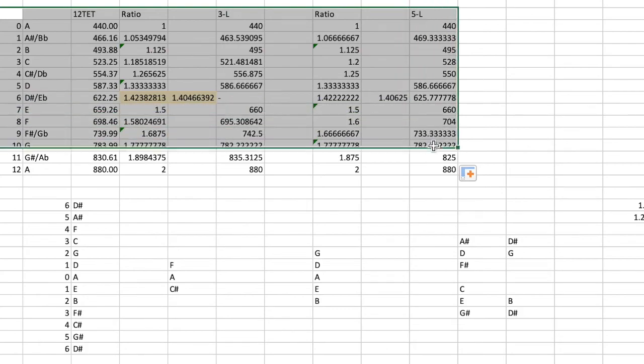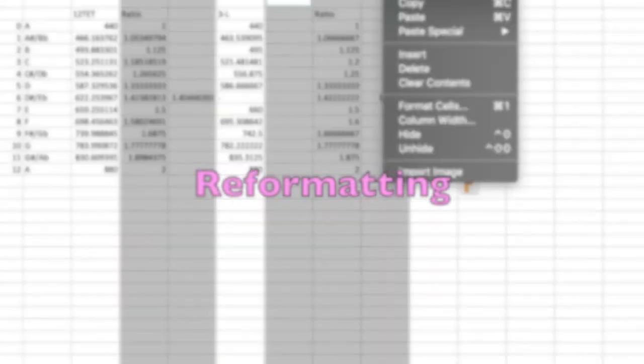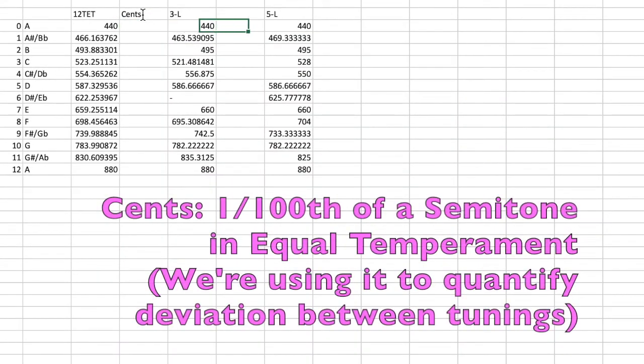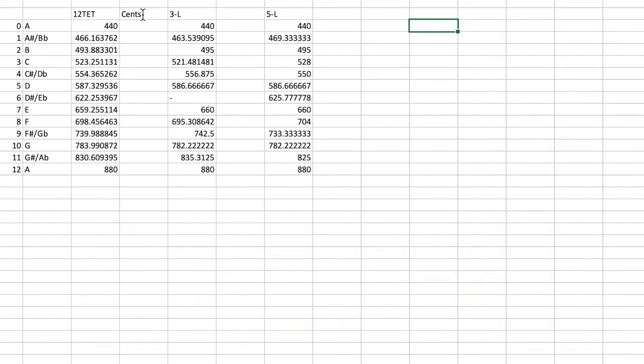So let's copy this chart. Since it's logarithmic, the way we want to do this is a little complicated. Let's try to figure it out. We have frequency 1, we have frequency 2. 2 to the n over 1200 is a difference in cents.